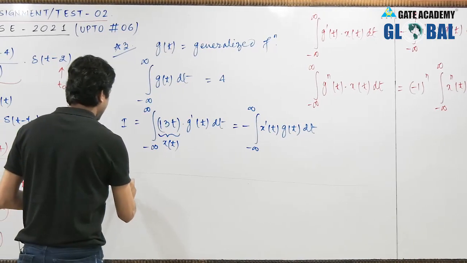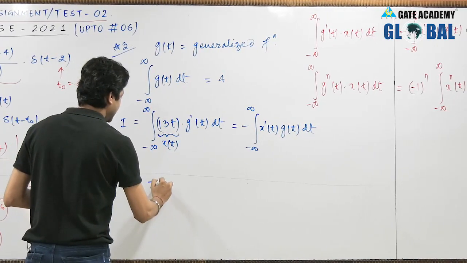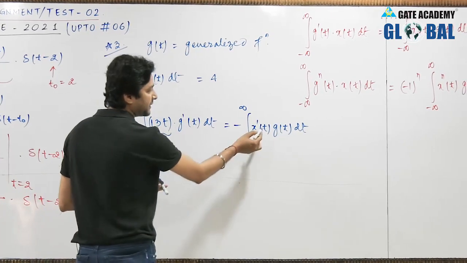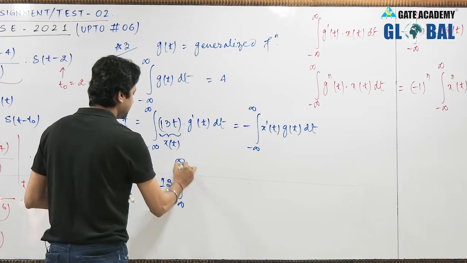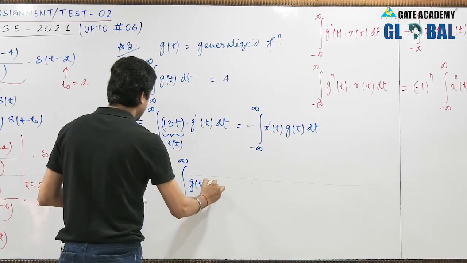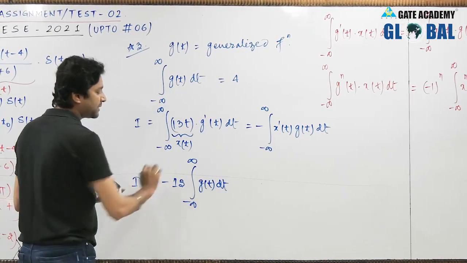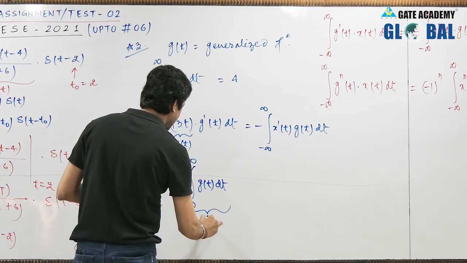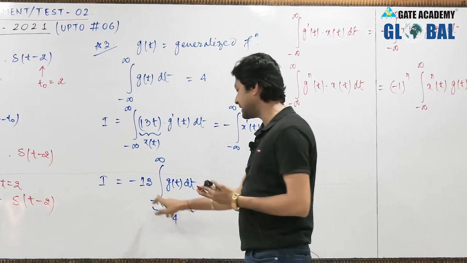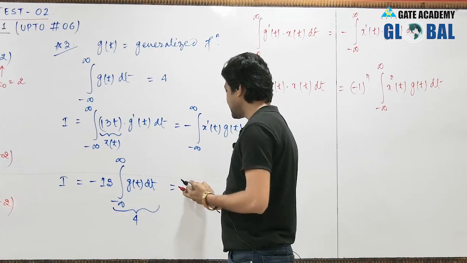Therefore this integral I becomes minus 13 times the integral from minus infinity to infinity of g of t dt. Now this term is nothing but the area under the function g of t, which is given to you as 4 square units. Then the value of the integral becomes minus 13 into 4, that is minus 52.